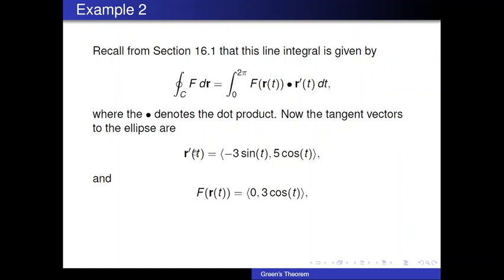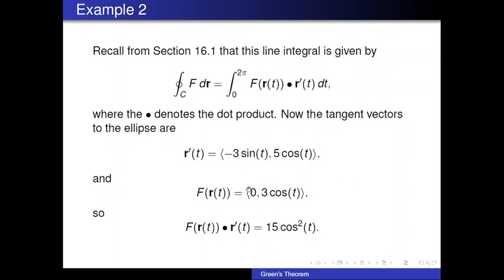And F of r of t, well, remember, in the first component, F was 0, and in the second component, F was x. And x of t, coming from the function little r, was 3 cosine of t. So that will be in the second component of F of r of t.